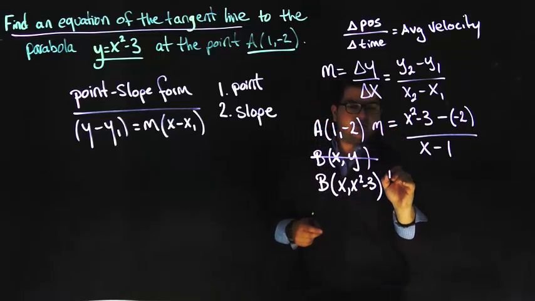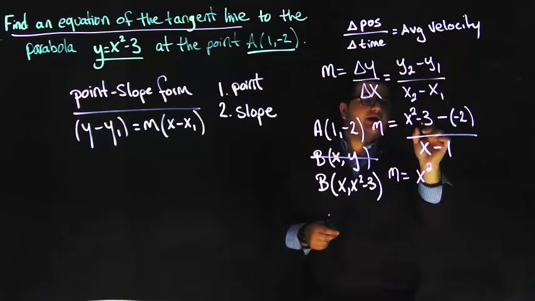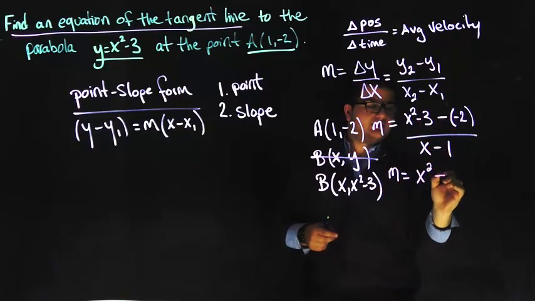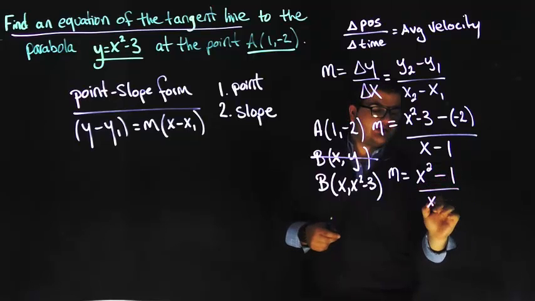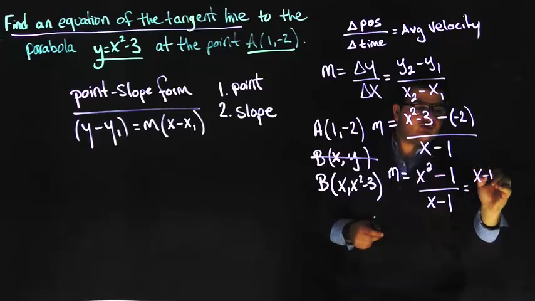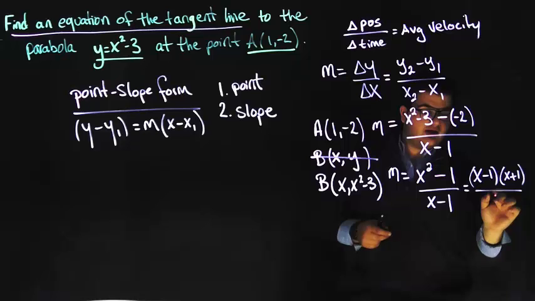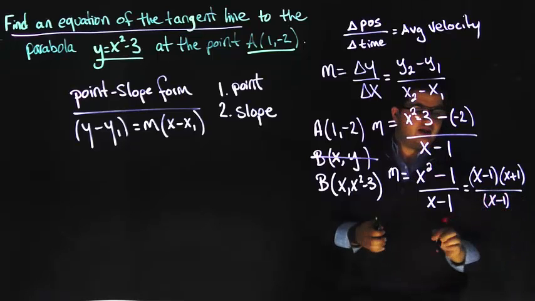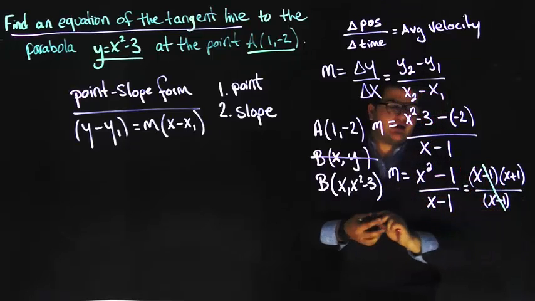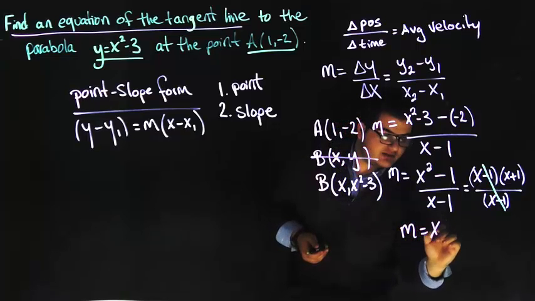Now, when we go to solve this, we have the slope is equal to x squared minus 3 plus 2 is x squared minus 1 over x minus 1. And we know that this factors into x minus 1 times x plus 1 over x minus 1. And we notice that these two are going to cancel, leaving me with my slope equation, which is x plus 1.